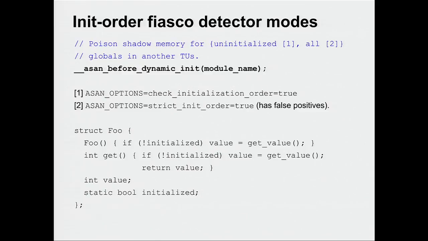That means we have some struct foo, and it's written in such a style that you may kind of safely define a global variable of type foo in one module, and then you can call foo.get from another module. And it turns out that it will still be initialized and will be used kind of properly.